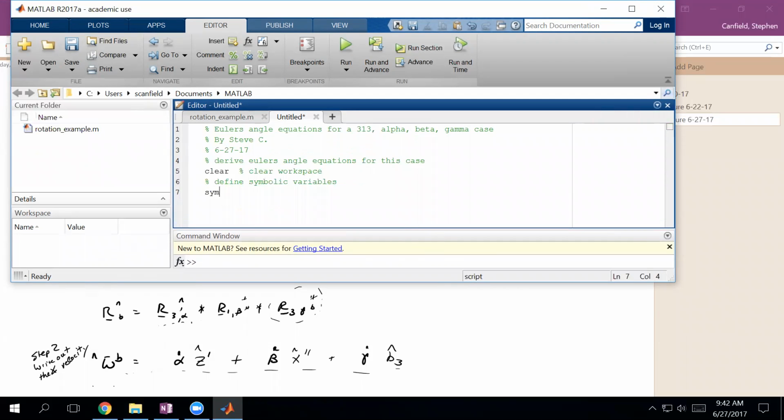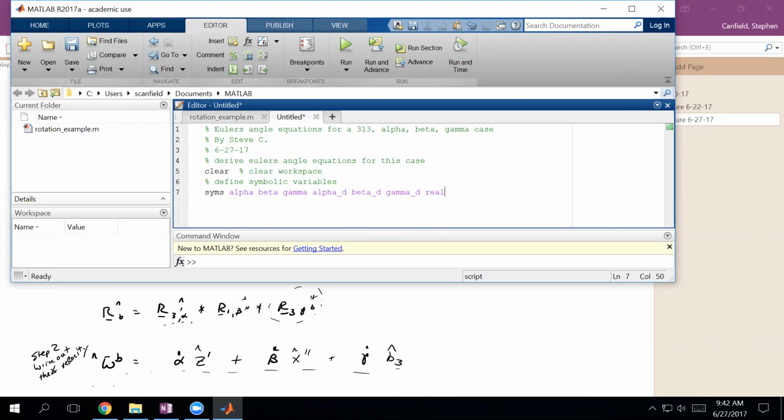So I'll say syms, and I want alpha, beta, gamma. I will need alpha dot, beta dot, I'll just call it D for dot, and gamma dot. I may need some others along the way, but I'll stop with those.